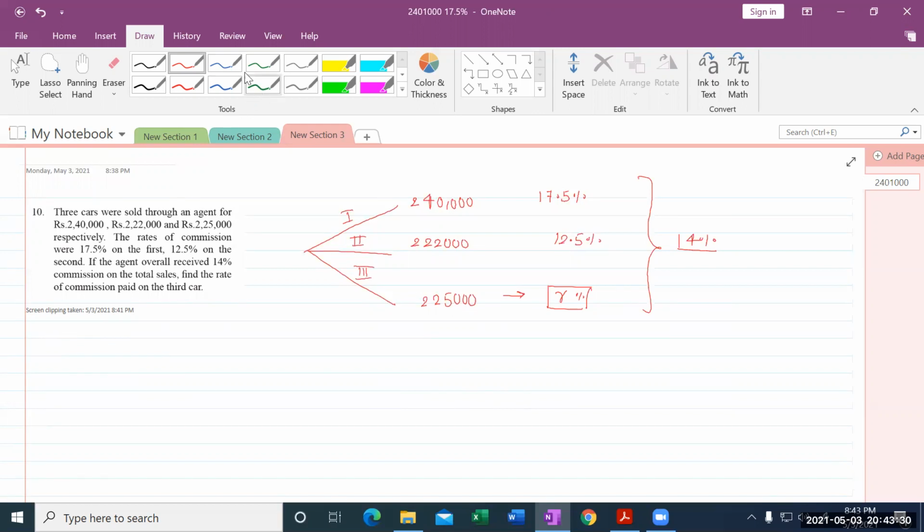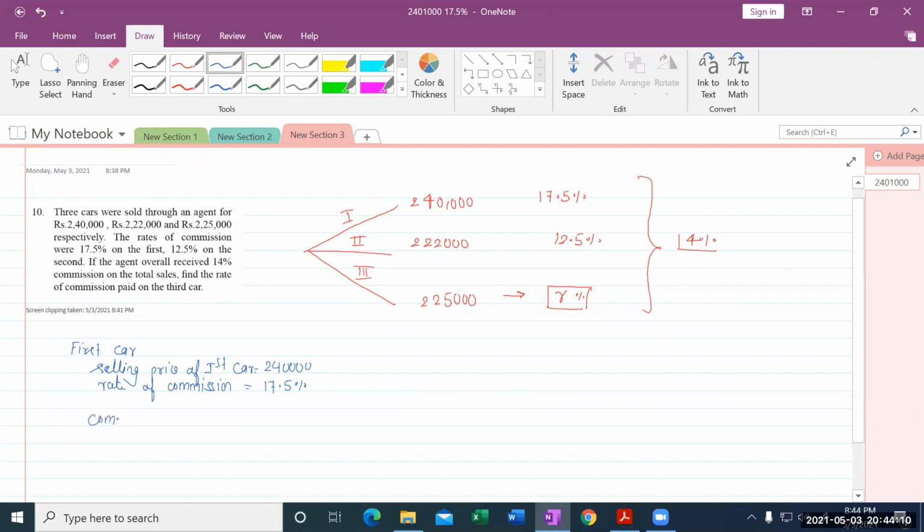First car. Here I'm writing for the first car. Here I will write the selling price of the first car, which is 2,40,000. Then we'll write the rate of commission on the first car, which is 17.5%.